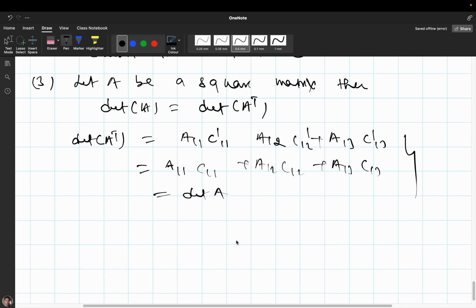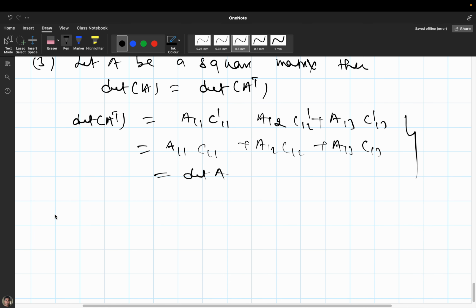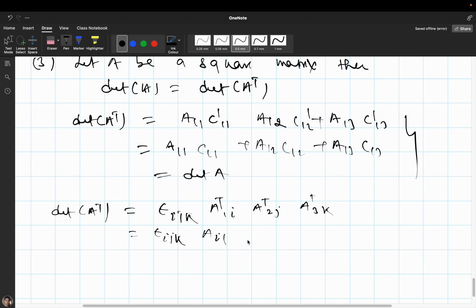This is one proof. There is another proof. Suppose I want to get the determinant of A transpose. I will use the definition. That was IJK, A transpose 1I, A transpose 2J, A transpose 3K. Now the transpose will be what? Transpose will be nothing but I1. This transpose will be J2.